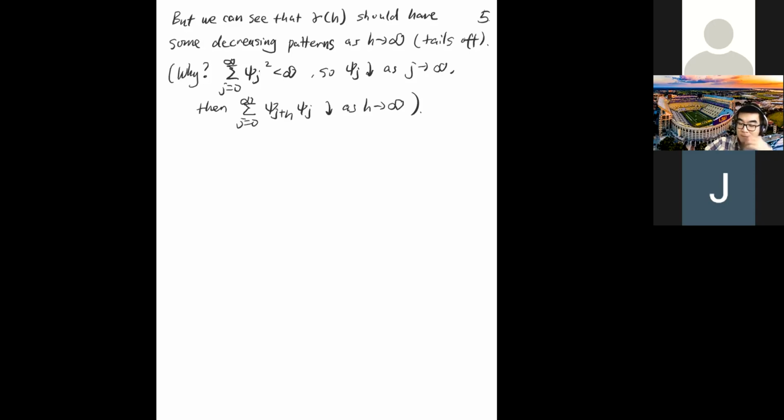But this is not as informative as the ACF plot for the MA(Q) model, because for the MA(Q) model we can determine the order Q, but here we only know that it just tails off, and it does not provide us any information about the order P. Okay, I have this example.